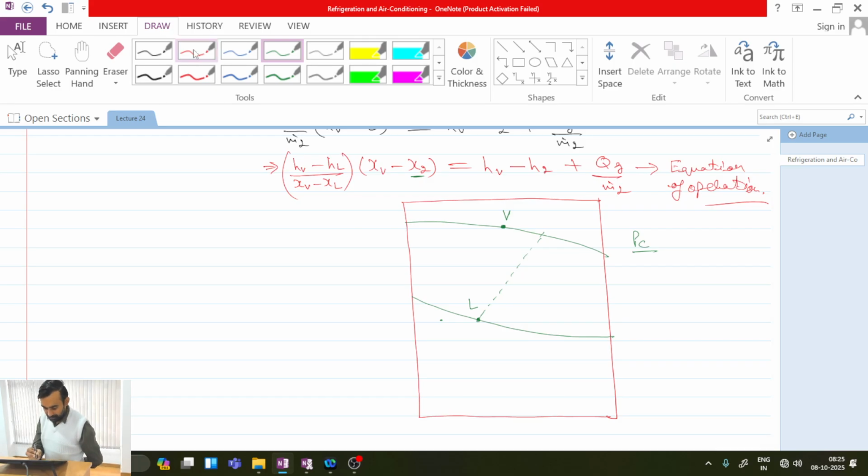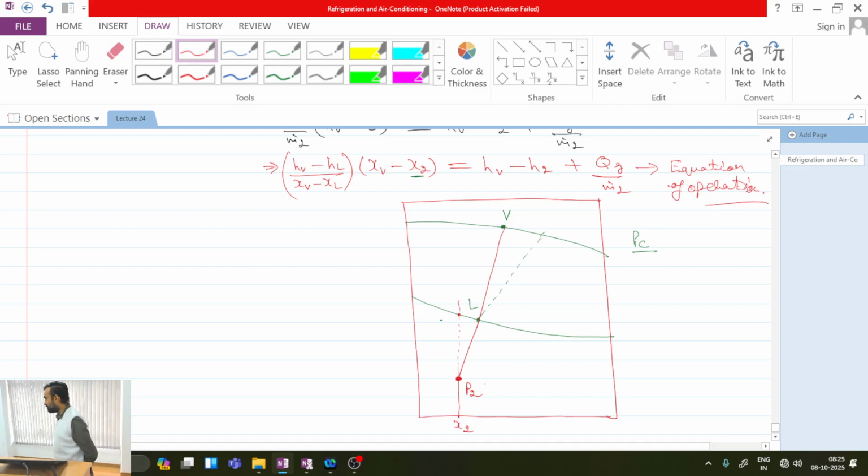Other than that, if I join this liquid and vapor, then this line will intersect with the composition of state 2. Say this is my x2. When this line intersects with the composition of state 2, that particular point is defined as P2.